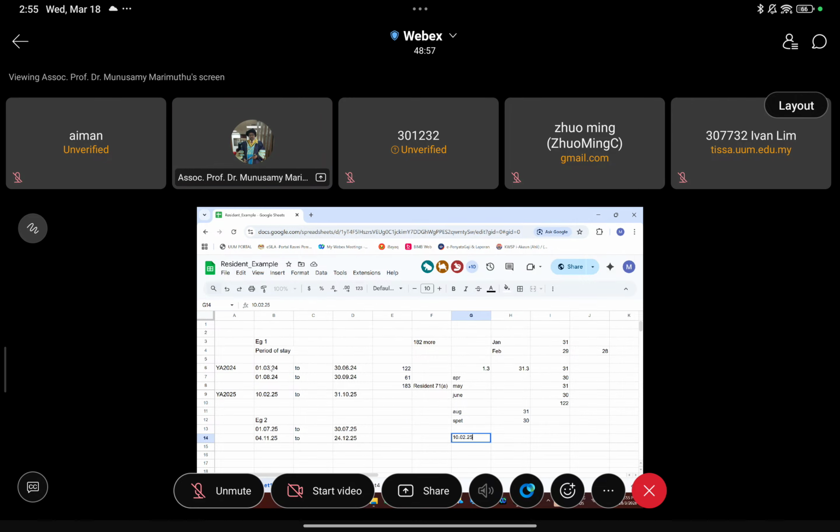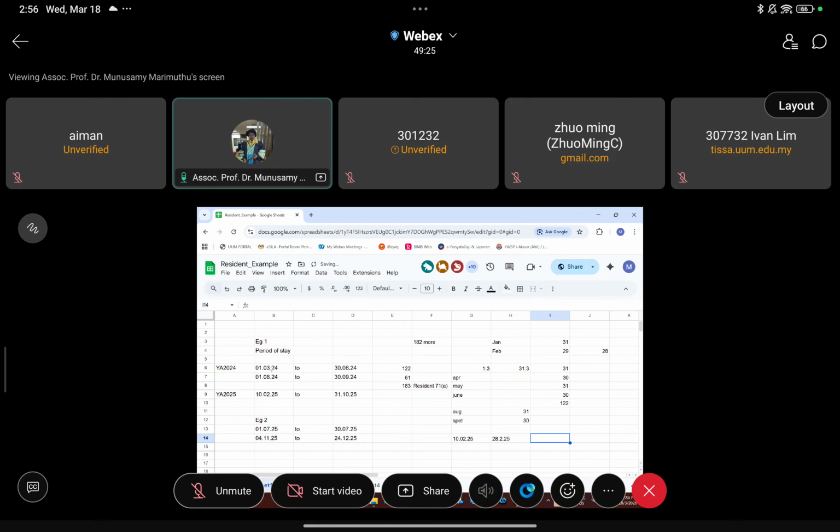10/02/25. So February, you know in this case you have 28 days. So how many days here? 10, 15 to 28 to 25.